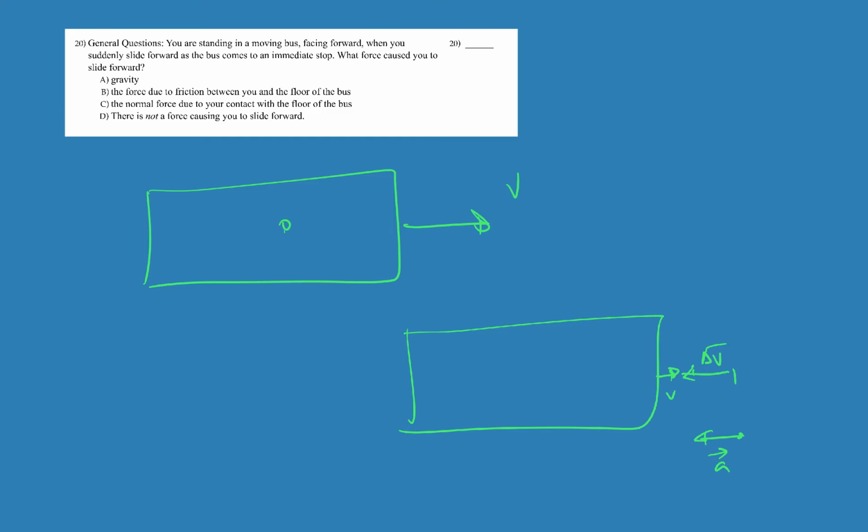So here there is a guy. We can imagine that there is no friction with the floor of the bus. So when the guy is moving at constant velocity v, the velocity of the bus, suddenly the bus decelerates, or accelerates in the opposite direction of the velocity, and this guy will continue to move with the same velocity v.